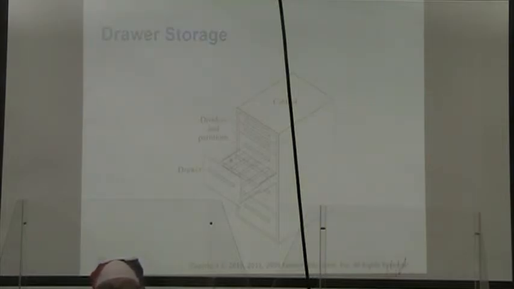When we have drawers, we have some kind of cabinet arrangement that has drawers in it, and then inside the drawers we can have dividers and partitions. I think we're all pretty familiar with this. The difficulty with this type of storage is always keeping things straight and keeping them well labeled.